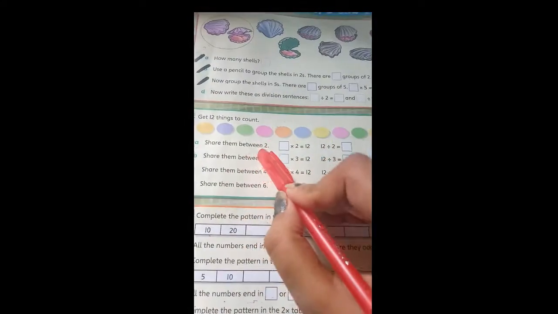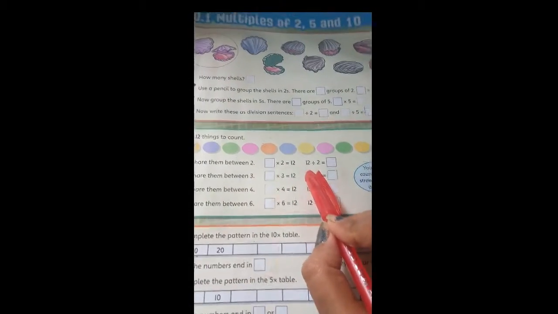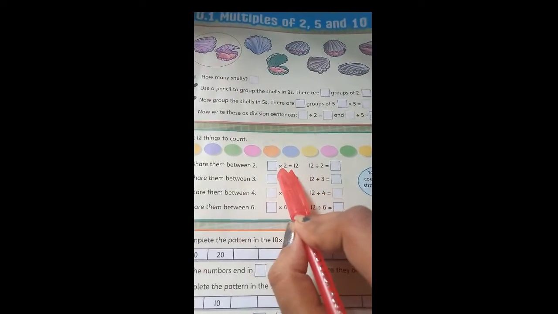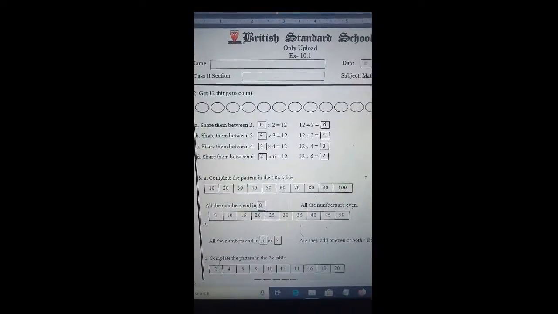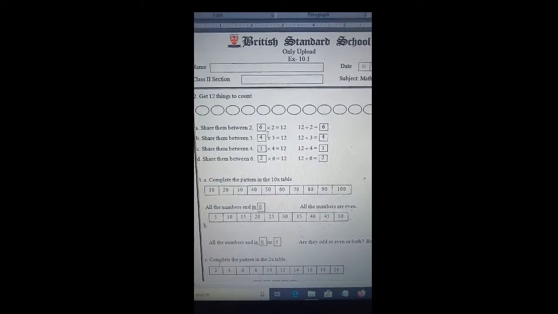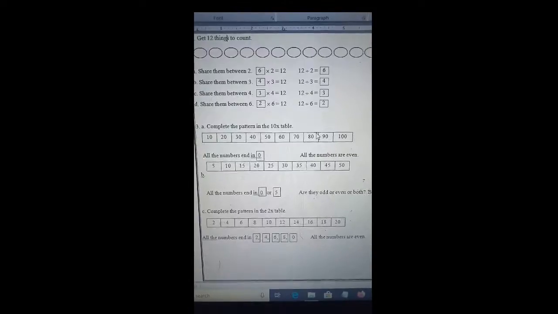If we share them between 2, how much will everyone get? To work out the answer, we have to divide 12 by 2. If we divide 12 by 2, we get 6. Now look here, 6 into 2 is 12, and if we divide 12 by 2, we get 6.